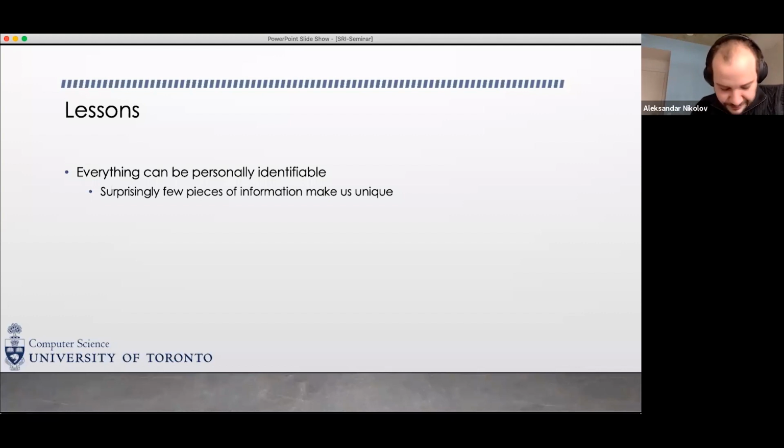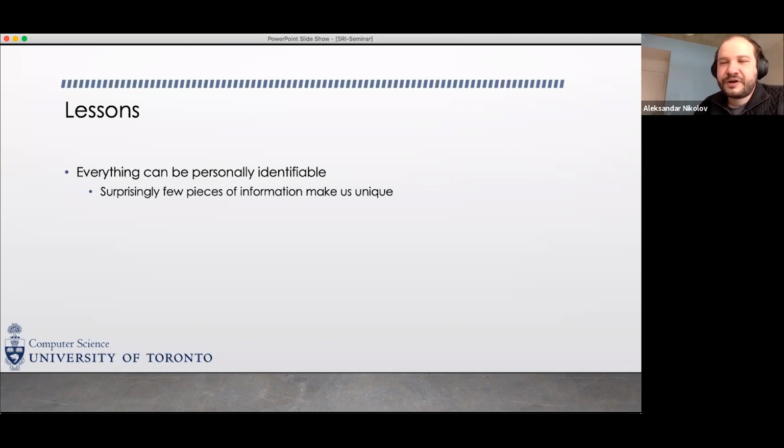So one thing that we learn from these sorts of attacks is that essentially everything can be person identifiable, or it's at least very hard to say what is not person identifiable. We often get surprised how seemingly innocuous information, a few innocuous pieces of information combined together, can uniquely identify a person.